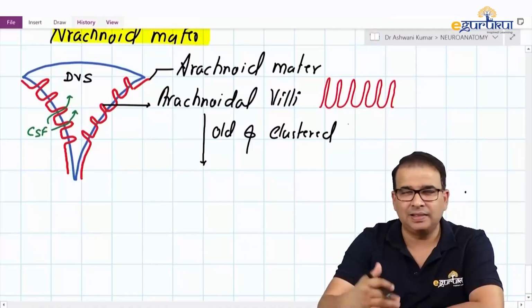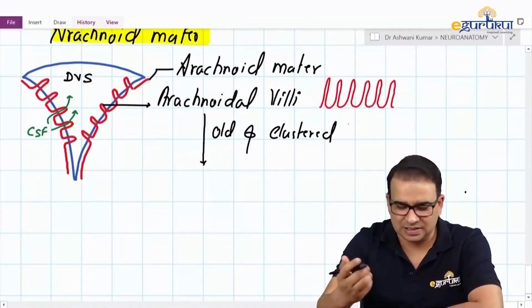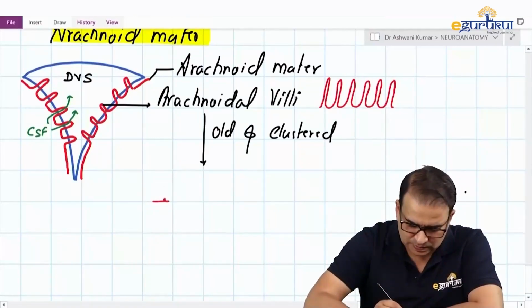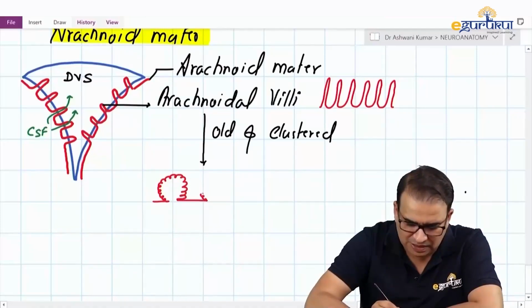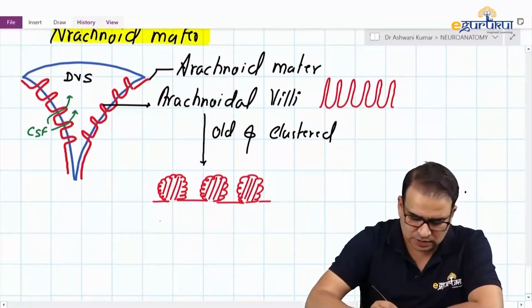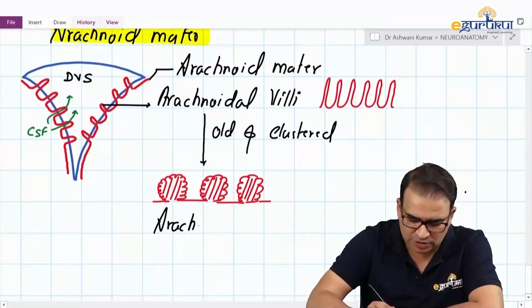Multiple arachnoidal villi will meet and give rise to a granular mass like this, and that is what you call the arachnoidal granulation.